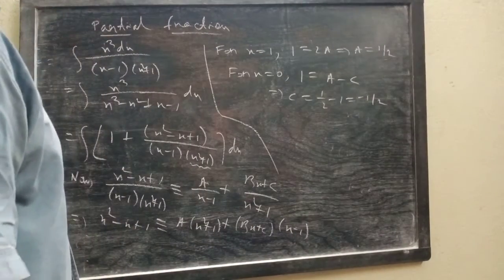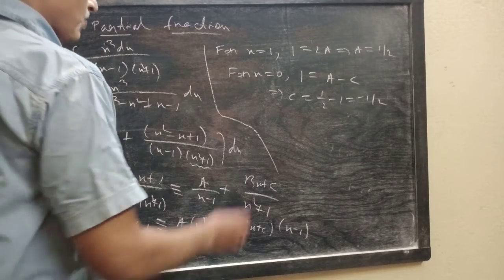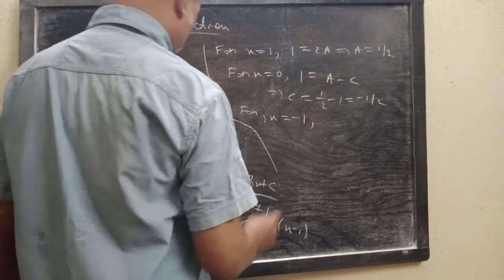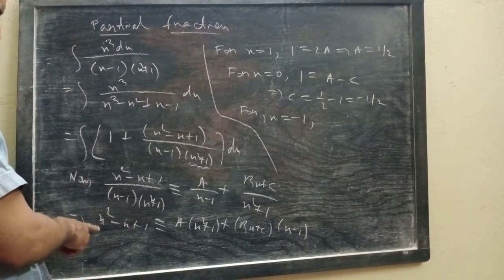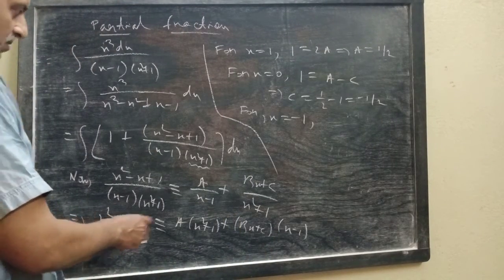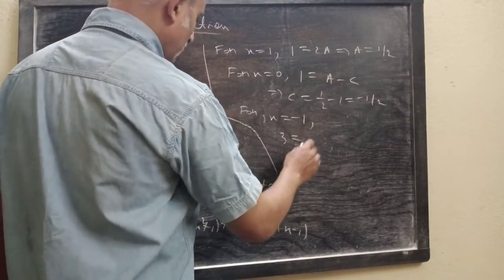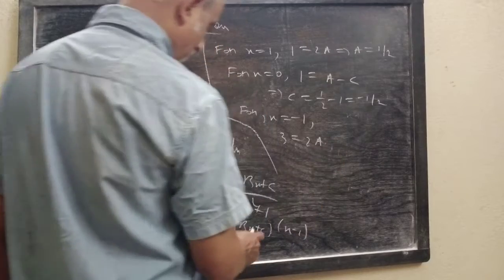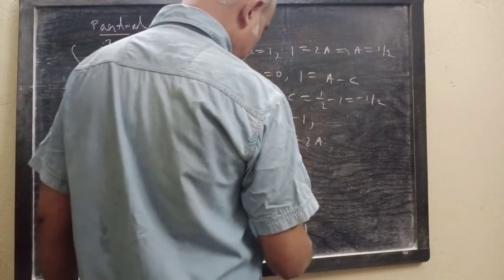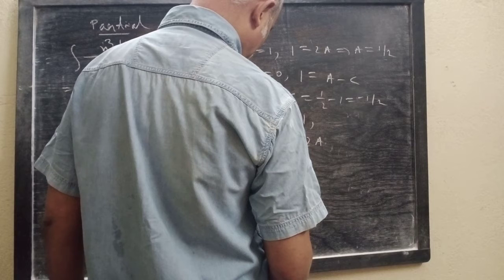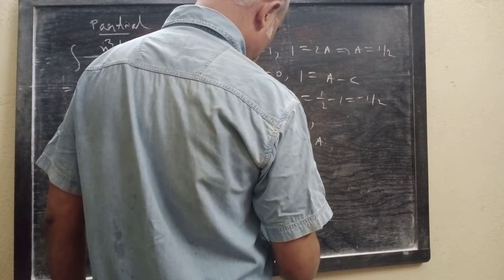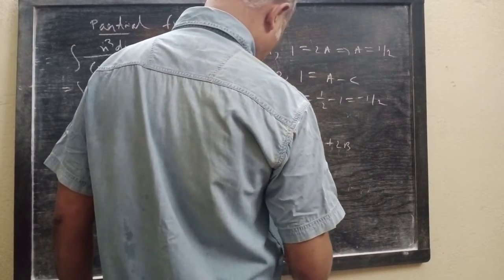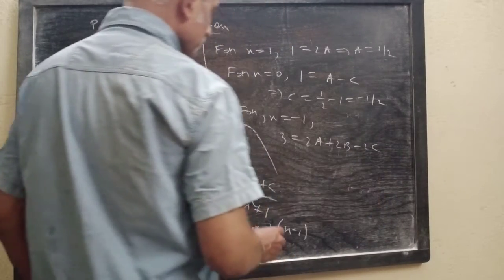After getting the value of c, we can choose any value of x. Say for x equals to minus 1. If you choose minus 1, this is plus 1, plus 1, plus 2, plus 1, plus 3. 3 equals to 2a, c minus b into minus 2. Minus 2 into minus b, that is plus 2b minus 2c.